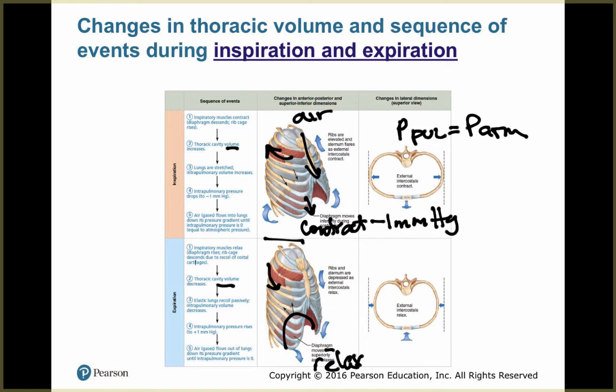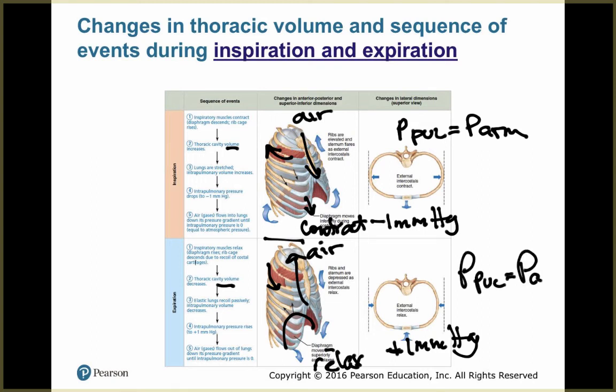Because you have the same amount of air in there but the cavity is getting smaller, that increases the pressure, as we talked about a minute ago with Boyle's law. Air is then pushed out until your P pul equalizes with your PATM.